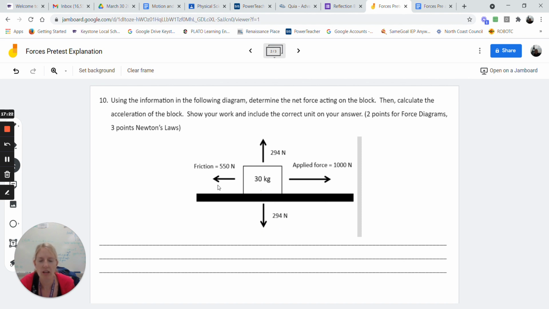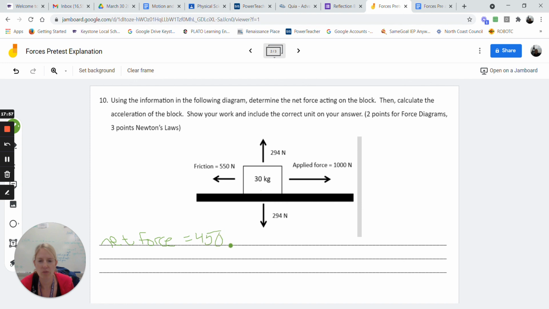However, when I look at the applied force, the push that was given to our block, versus the friction, those are not the same. Since they're in opposite directions, I'm going to subtract them. So I am left with 450 newtons. So we'll say net force equals 450 newtons.